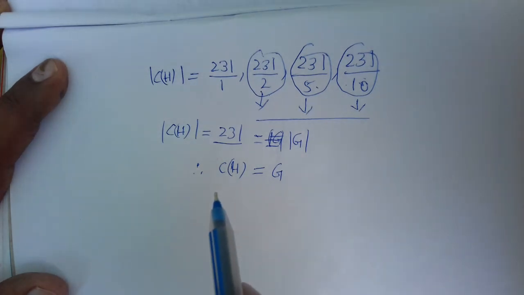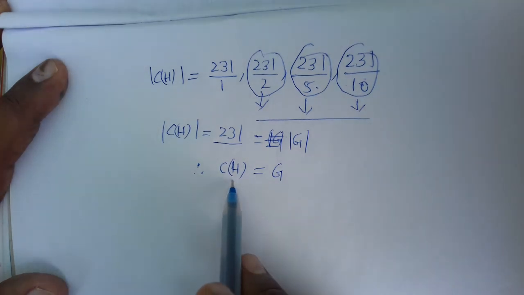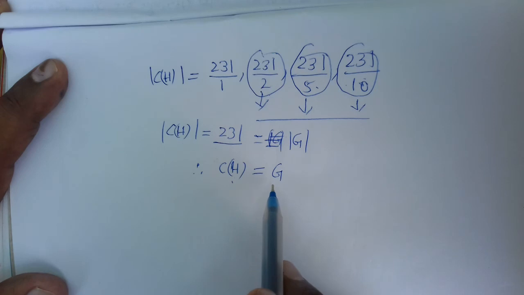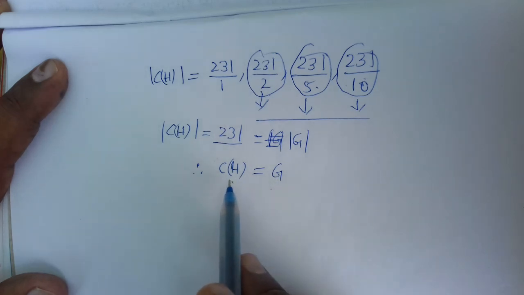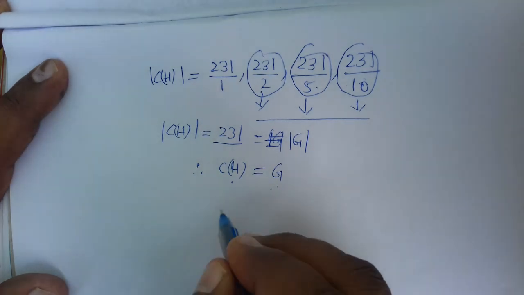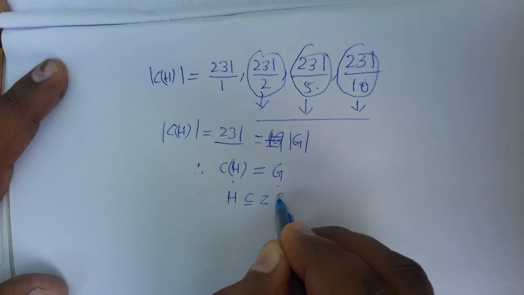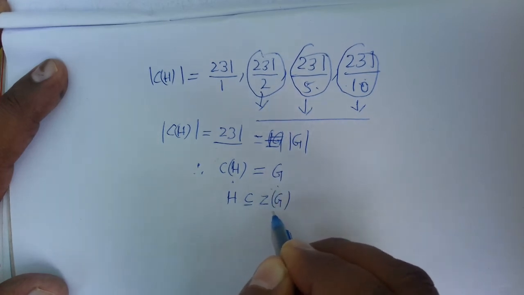This statement means something. This means that every element of H commutes with every element of G. This means that H is a subgroup of the center of G, that is Z(G).